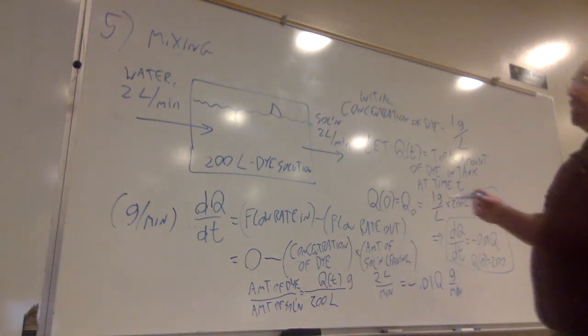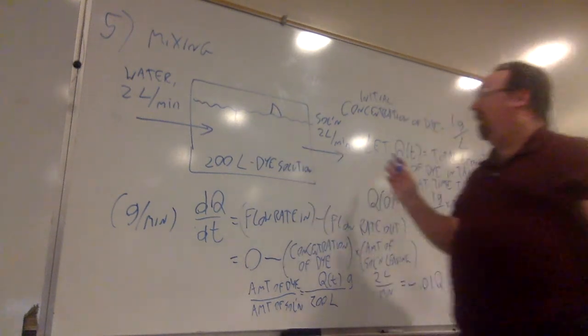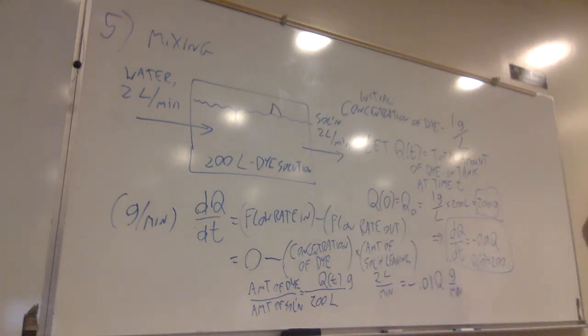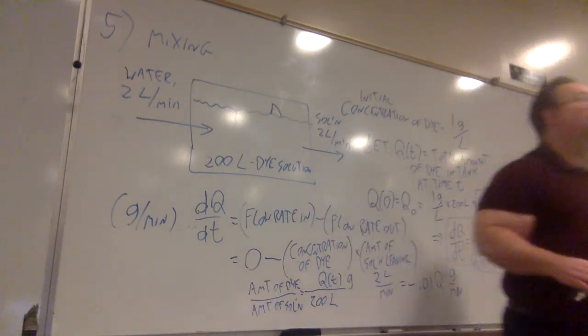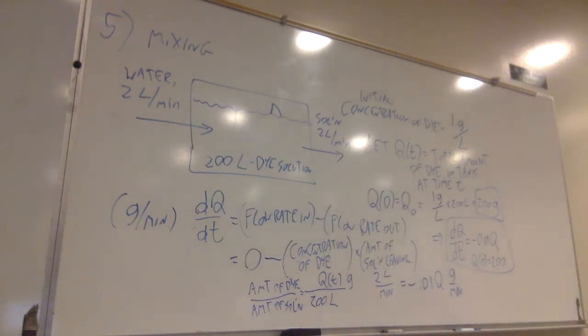But let's suppose you were actually not trying to end up with a solution that was free of dye. Maybe you just want to flush out a tank altogether and end up with an empty tank. You could have an outflow rate that is greater than 2 liters per minute.